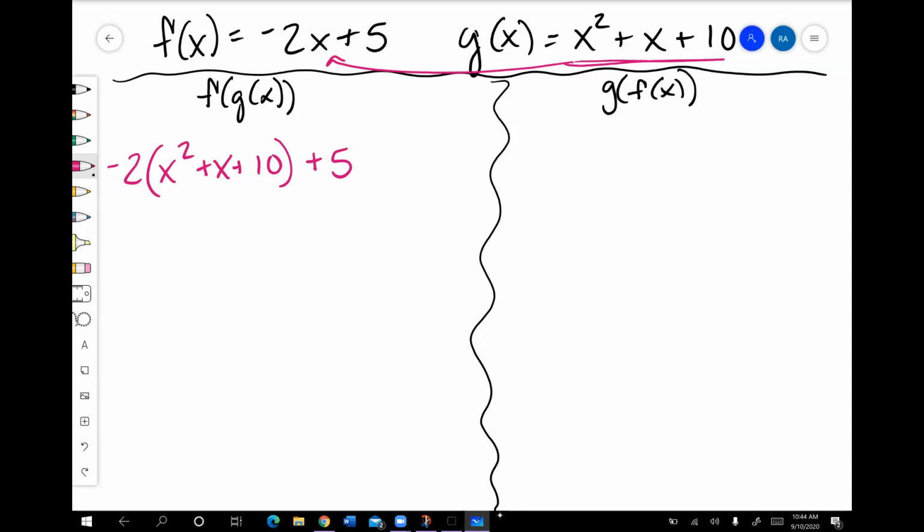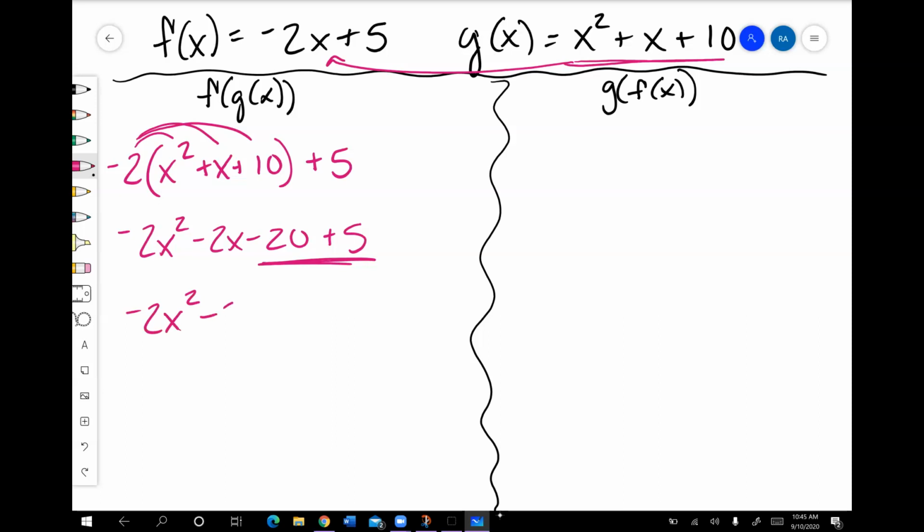Do I have anything here to quantity squared? I don't. Okay, so I don't have to do that side work. But I do need to distribute this negative 2, and I get negative 2x squared minus 2x minus 20, and then bring down the plus 5. The only thing I can combine is the numbers down there. So my final answer is negative 2x squared minus 2x minus 15. Okay? And that's your final answer there.